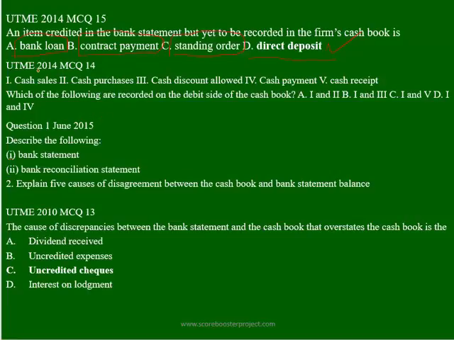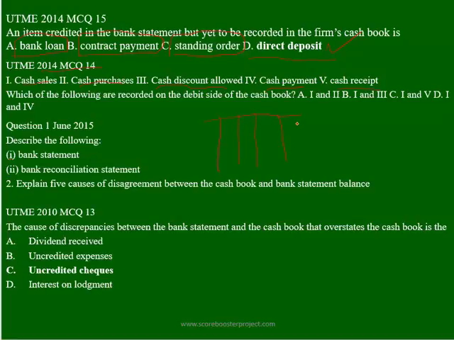In 2014, the examiner also asked question number 14 there: cash sales, cash purchase, cash discount allowed, cash payment, and cash receipt. Which of the following are recorded on the debit side of the cash book? Remember your cash book?